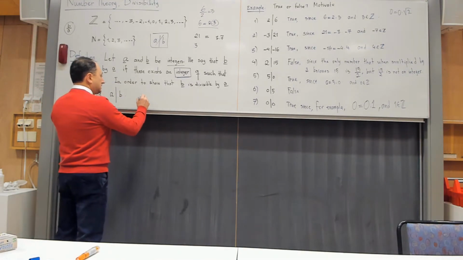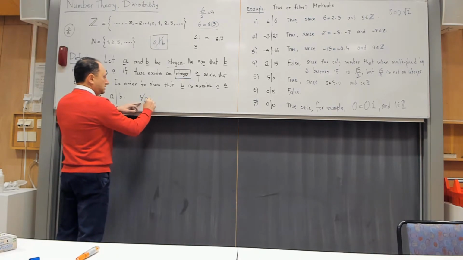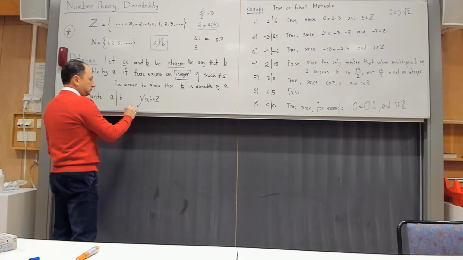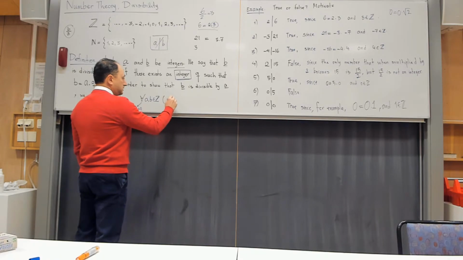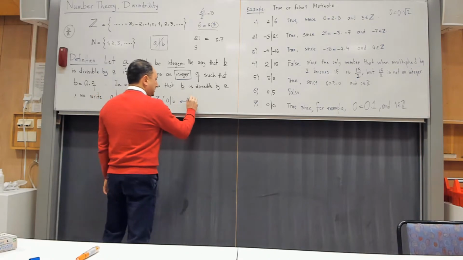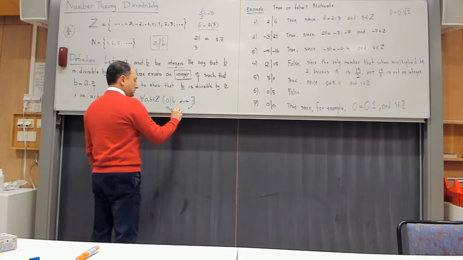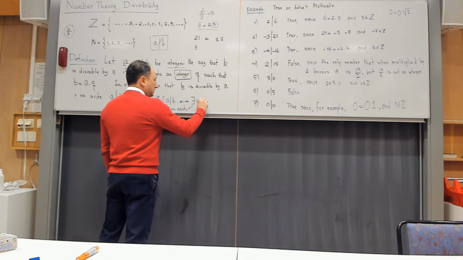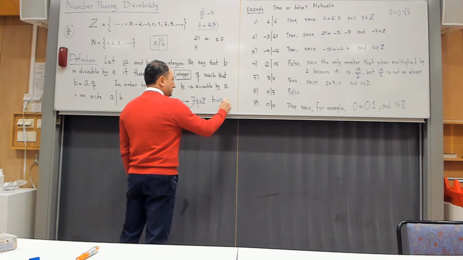So we say that for all a and b in the set of integers, so this means for all, we say that b is divisible by a is equivalent to saying that there exists, this symbol means there exists, q in the set of integers such that b is equal to a times q.